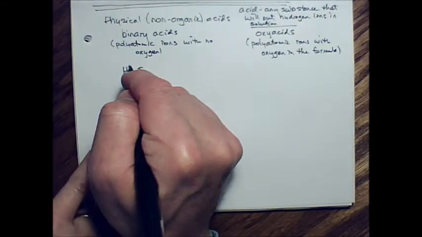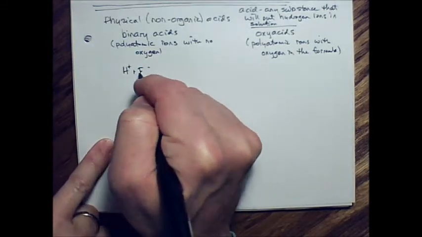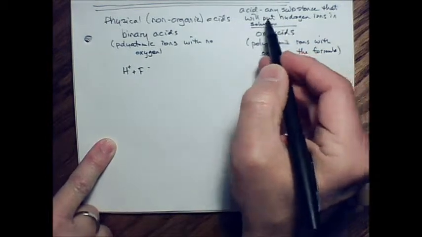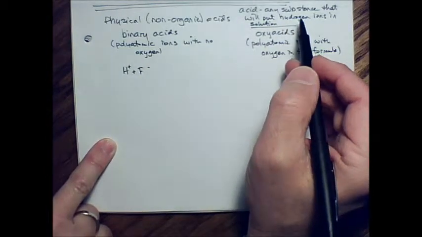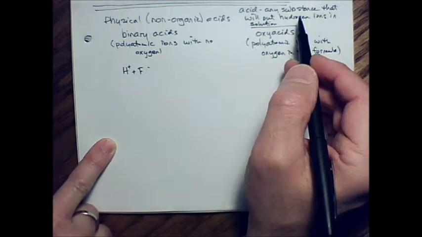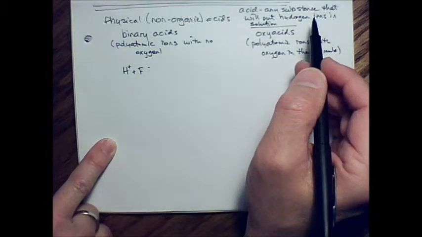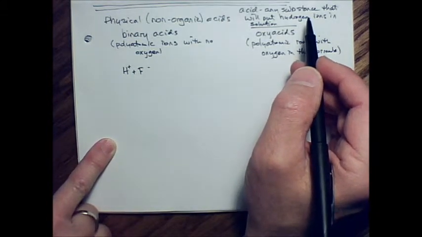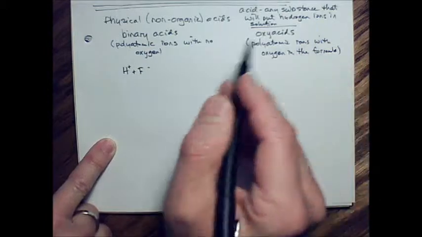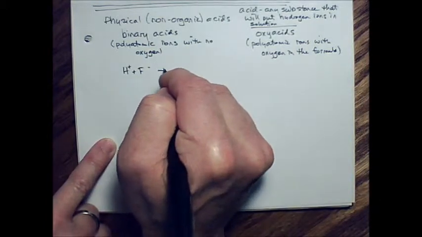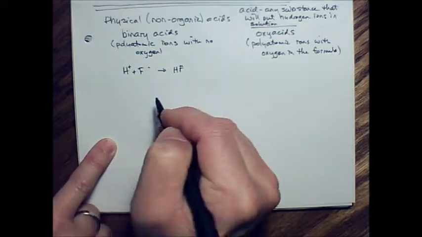One plus and one negative. Okay. Now the hydrogen ions we're going to put on our acids are always the positive ions. And then we put them together, we get HF.